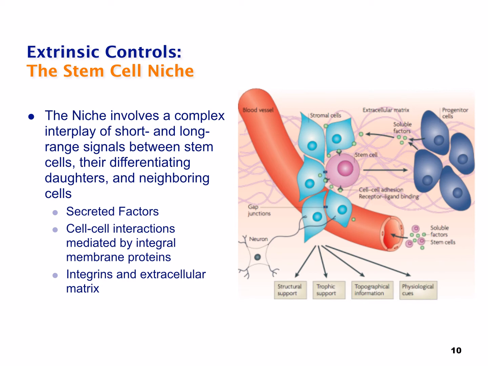The niche also is composed of cellular interactions between the stem cells and other support cells like stromal cells, endothelial cells, and blood vessels, as well as progenitor cells that exist within the niche.